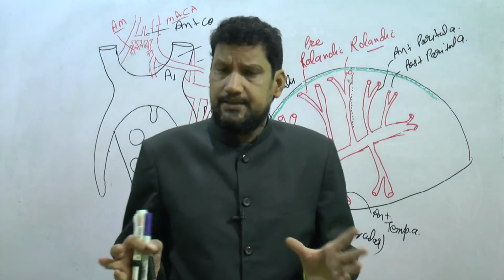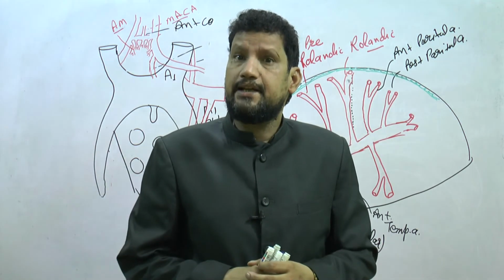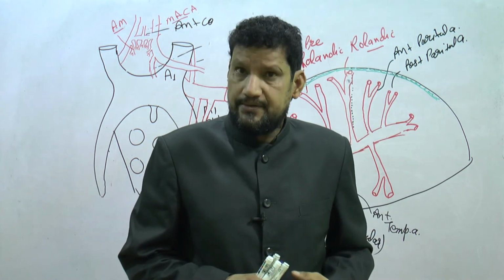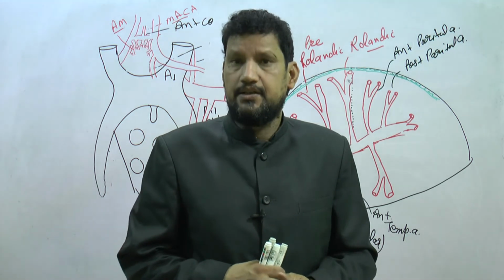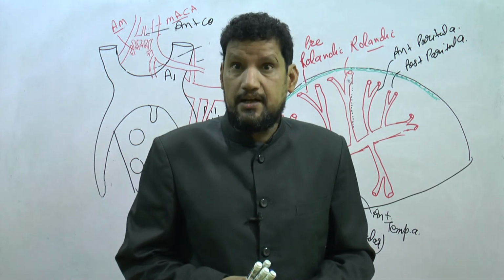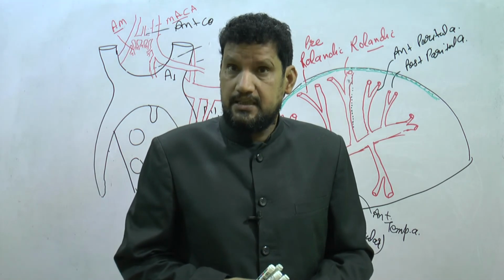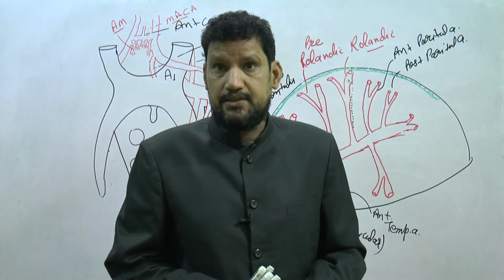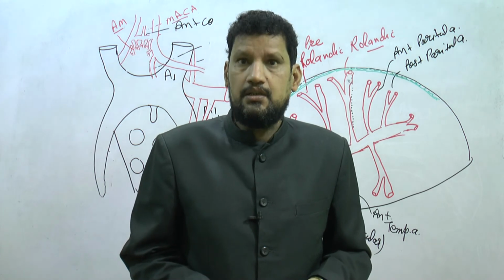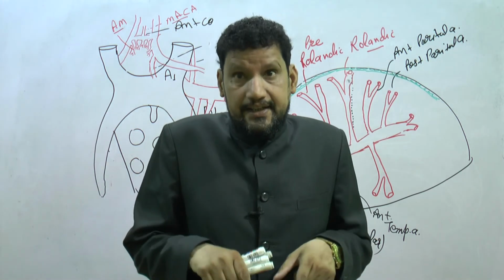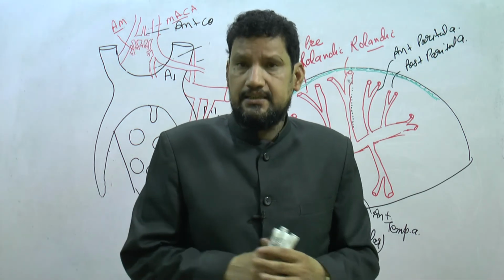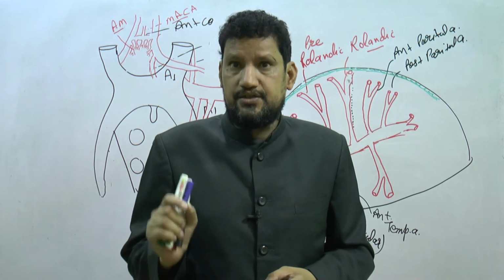So in the brain there are many anastomoses between the branches of the anterior cerebral artery, the posterior cerebral artery, the middle cerebral artery, the posterior inferior cerebellar artery, superior cerebellar artery and anterior inferior cerebellar arteries. But inside the brain substance, when the artery is entering inside the brain through the pia plexus or directly inside, they never anastomose.